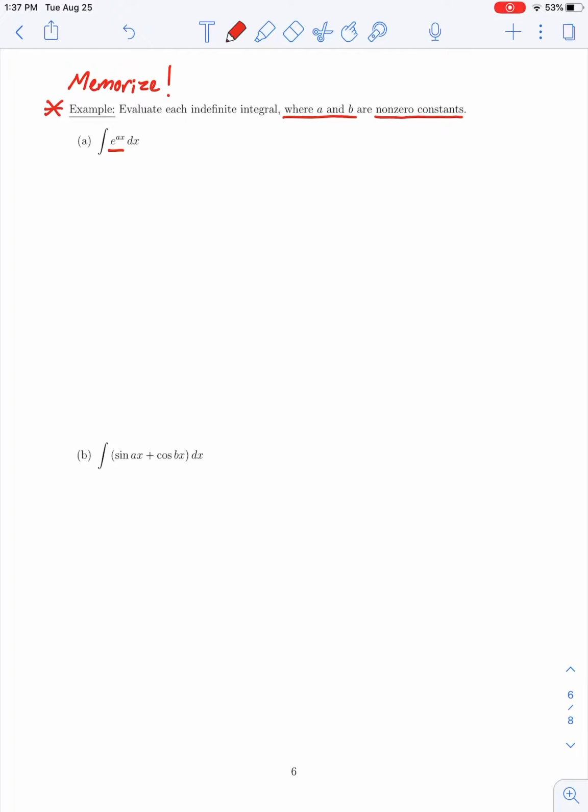So we're going to try a substitution. And typically we would choose u as the inner function in our composition, in this case a times x, in which case the differential of u would be a times the differential of x. And so solving for dx, we have du divided by the non-zero constant a.